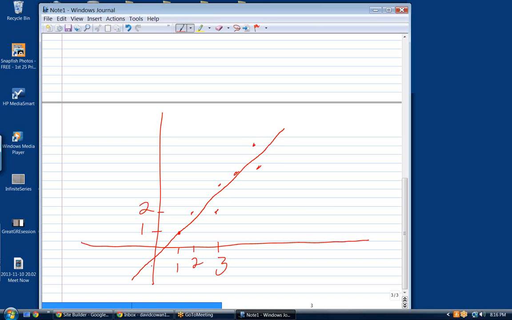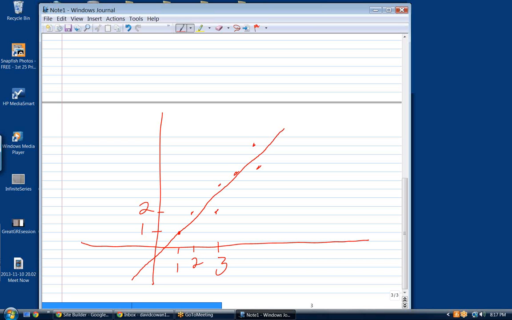Maybe a slight variation, depending on whether you want to use this point as a final point. I could change the slope a little bit, and it would still look like a pretty good fit to those points. When you do a linear regression, what kind of calculator do you have, Thomas? I have the 84. Okay, you can do linear regression on those.